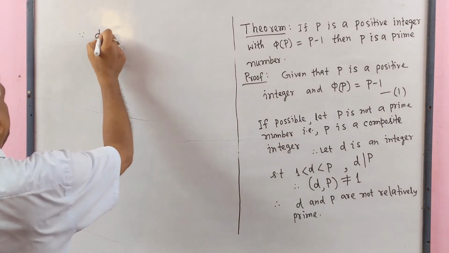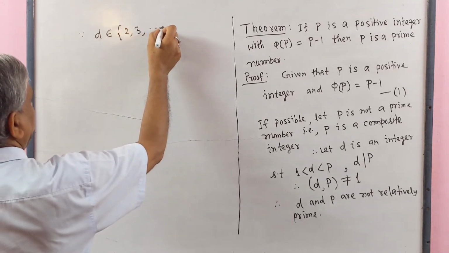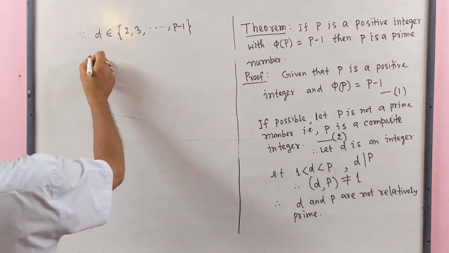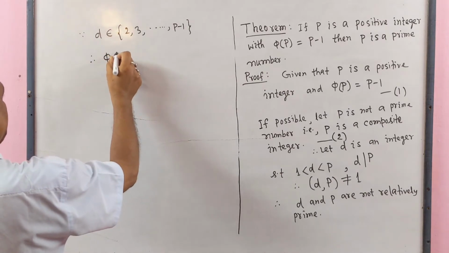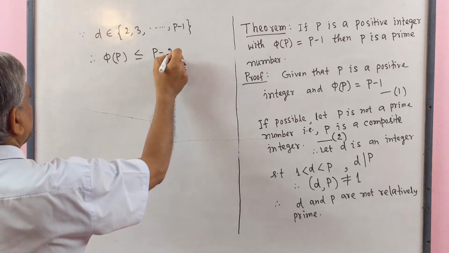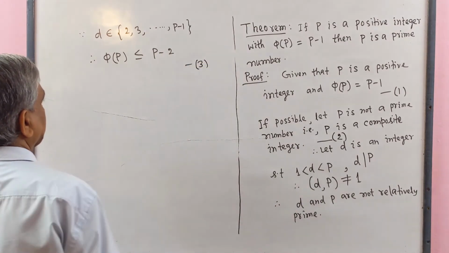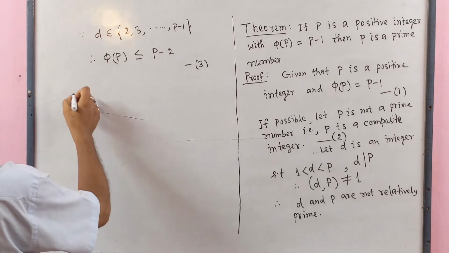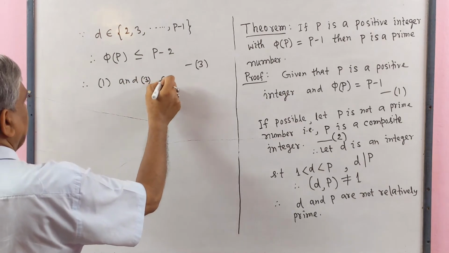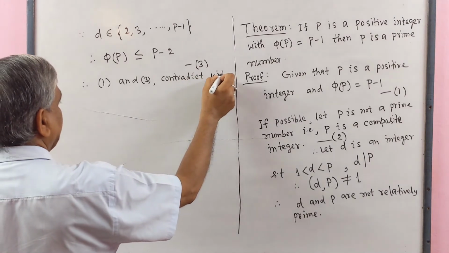Since d belongs to 2, 3, ..., p minus 1, therefore Euler's phi function phi(p) is less than or equal to p minus 2. This is number 3. Therefore, 1 and 3 contradict with each other.